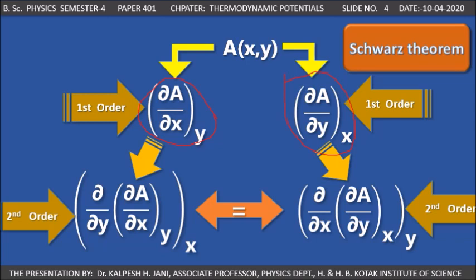He applied this theorem to the thermodynamic potentials, and when we do so, we get very interesting interrelations of the thermodynamic potentials with the thermodynamic entities, and they actually carry very useful information. So let us go towards the derivation of Maxwell's relations.